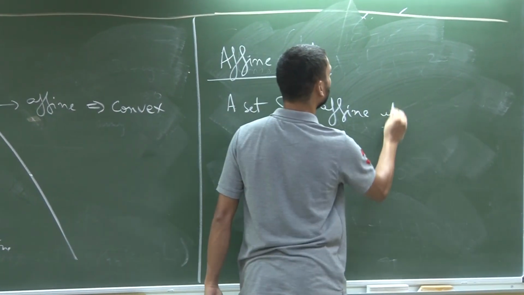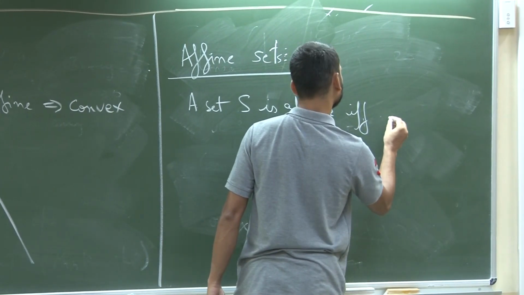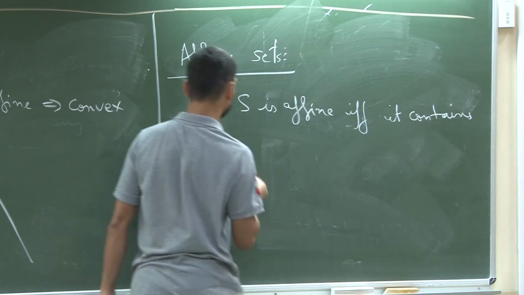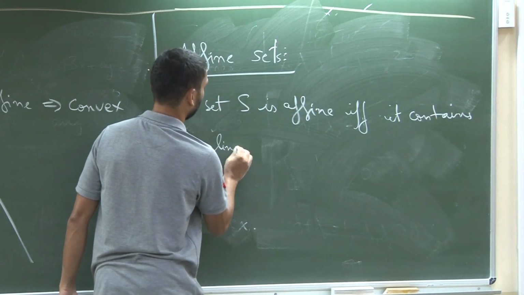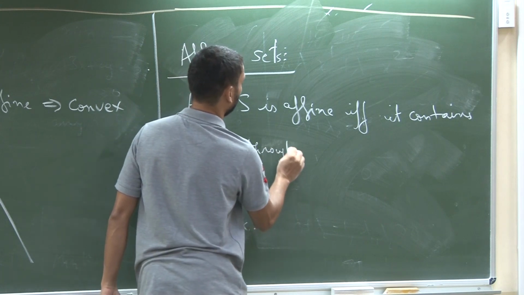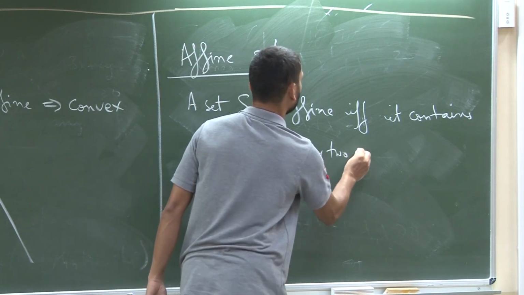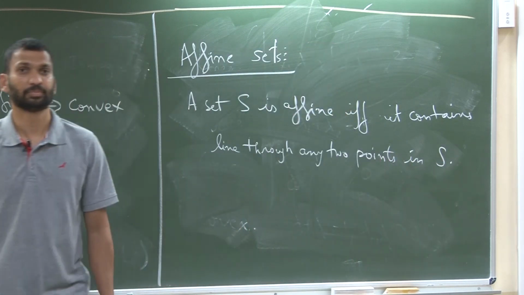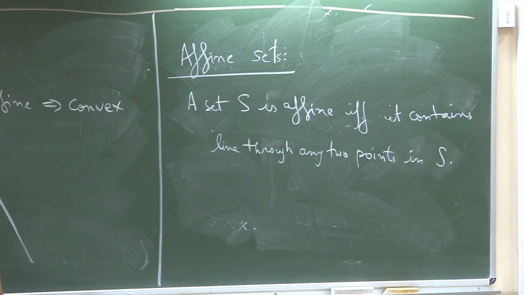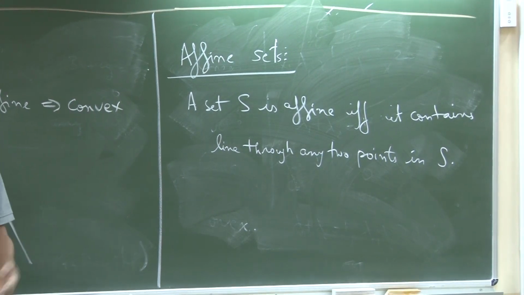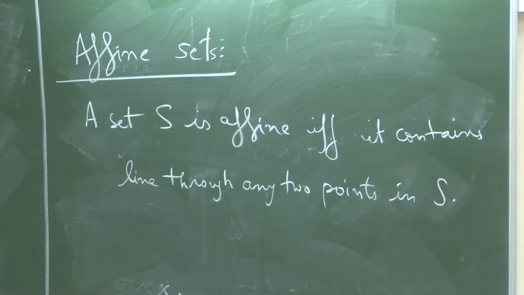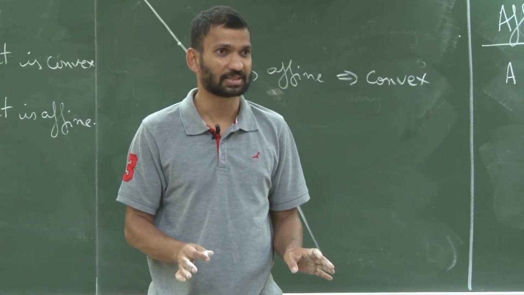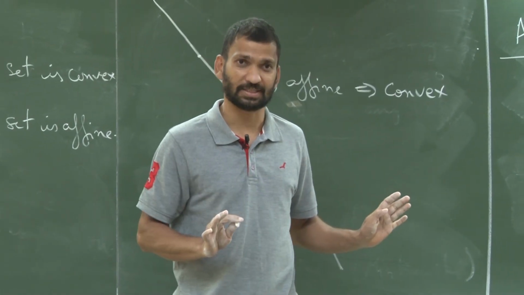A set is affine if you pick any 2 points in that set and the line containing it, or the affine combination of those 2 points, are still in the set itself. That is the affine set.